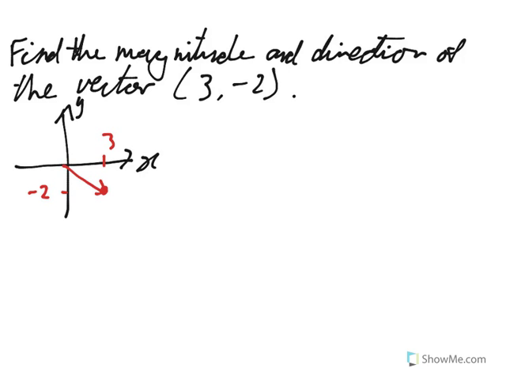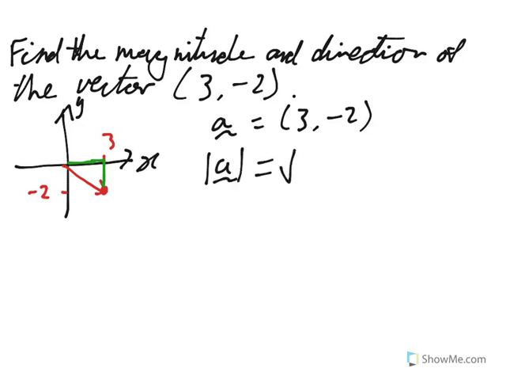Alright, so if we create a right angle triangle there, then our magnitude, and let's say that that's vector A, then our magnitude of A, we can get using Pythagoras, a squared plus b squared equals c squared.